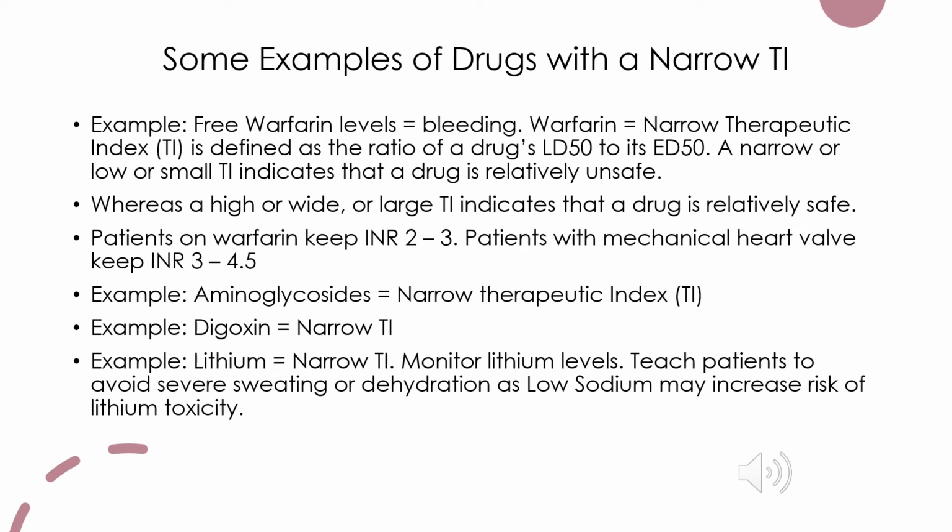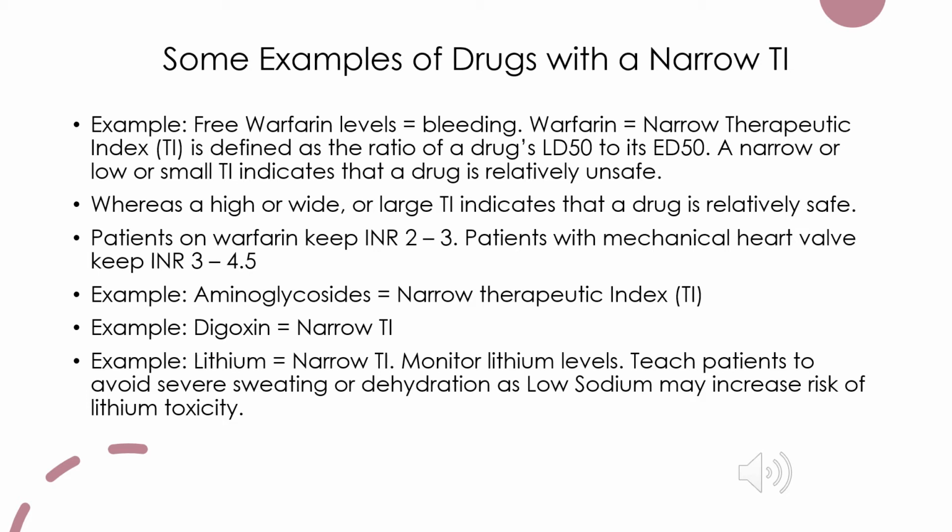So for example, we have warfarin. Warfarin can have an unpredictable effect in some patients, specifically in older adults greater than 65 years of age and in patients of Asian descent.